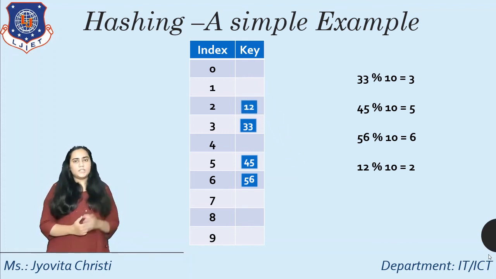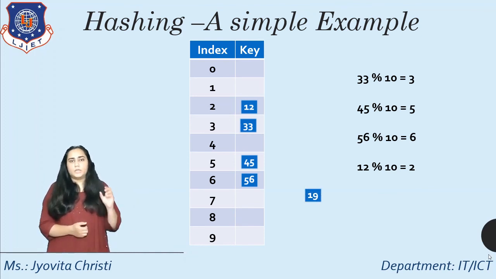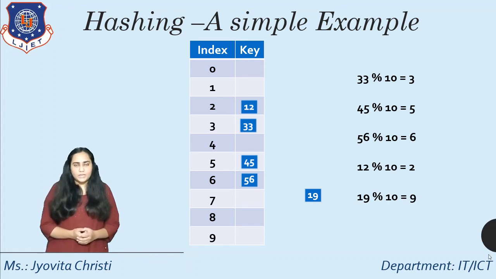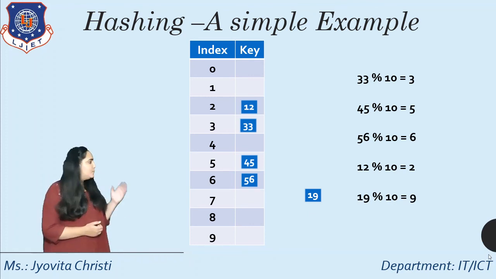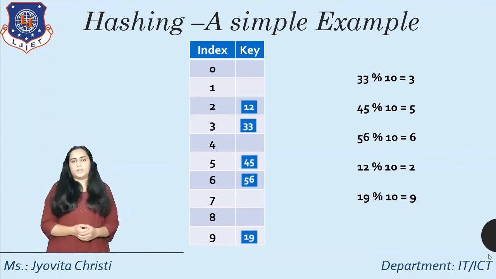And lastly, I have 19. This is the last key I'm inserting. So 19 modulo 10 gives me 9. So I'm going to put 19 in position 9 right here. And that's it. That's what hashing is in a nutshell. It's very simple and very effective.